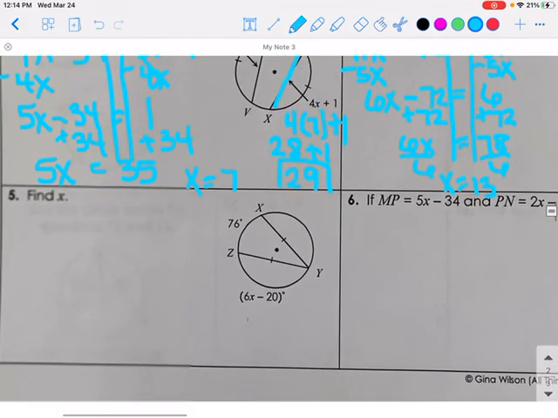Number 5, it's back to a find x. Interesting here though, because not a lot is labeled. So if this is 6x minus 20, this has to be 6x minus 20 because of these sides, right? So I'm going to copy 6x minus 20 here.